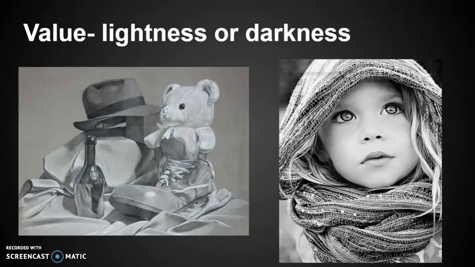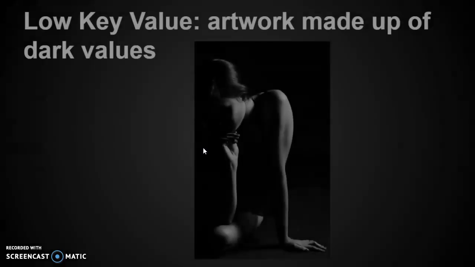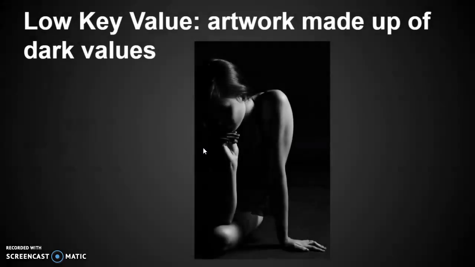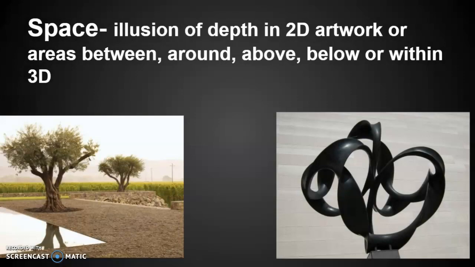Okay, so value. This is just light and dark. You're going to have areas that are very black, on the darker side of value, or areas that are very light, on that lighter side. Let's skip forward through these just a second.